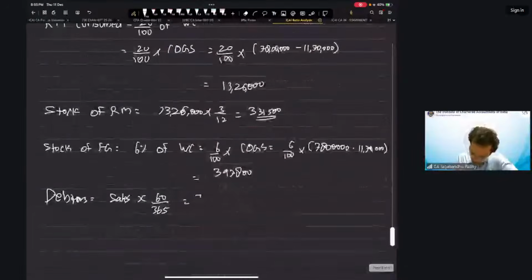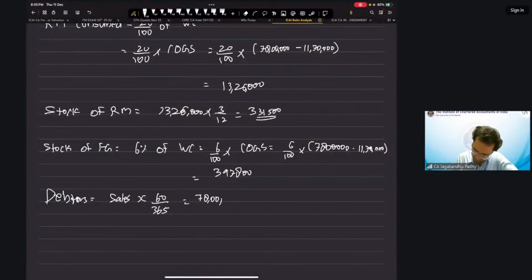So what is the value of sales? Sales is 78 lakhs into 60 by 365. So what's the value of debtors, guys? 60 divided by 365.